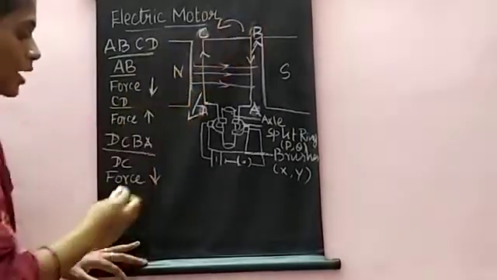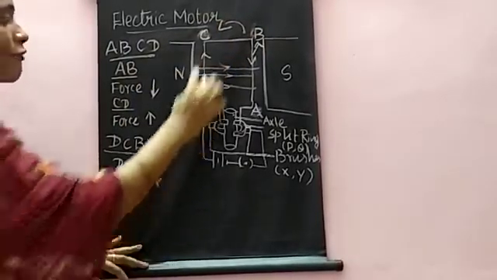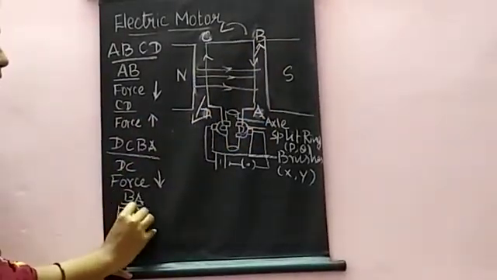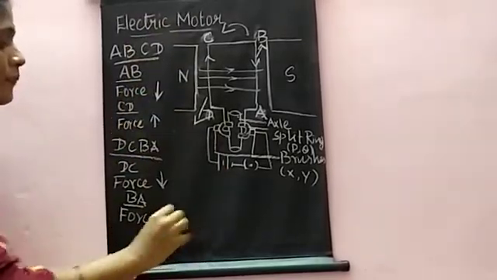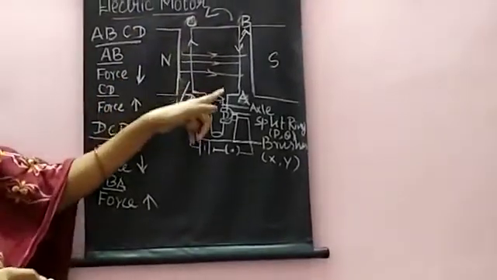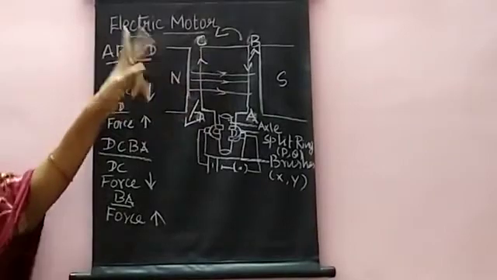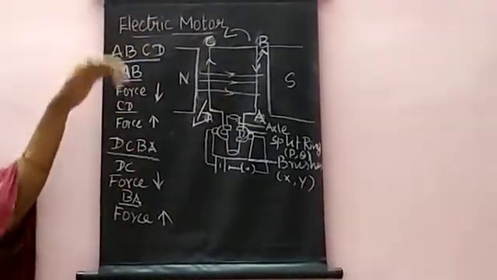At the same time, in BA, the current flows through BA and the magnetic force moves the arm upwards. After this anti-clockwise rotation, the coil again gains the same position as ABCD. This process is done continuously.